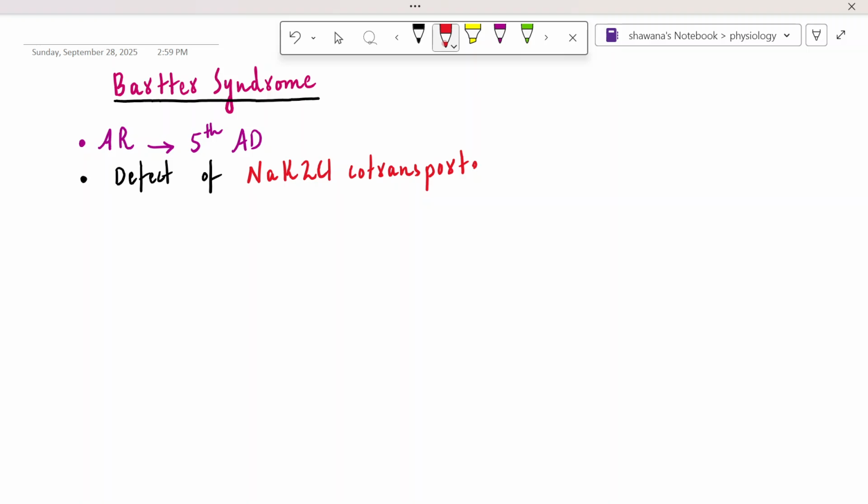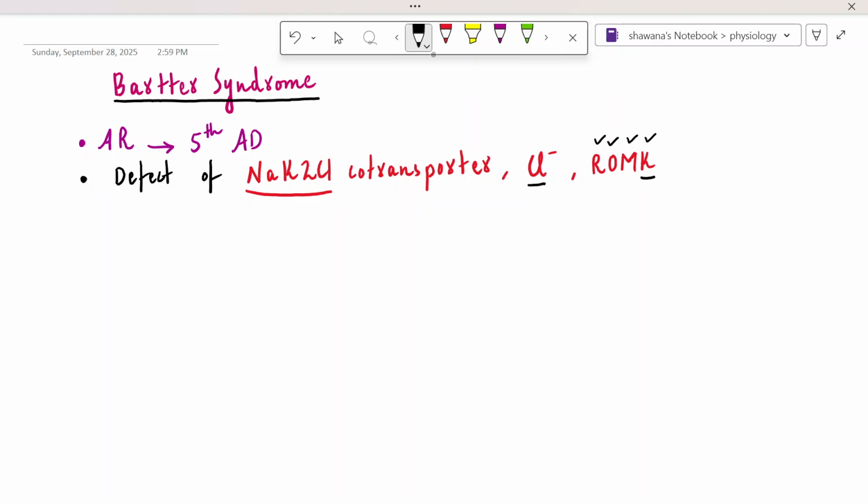In addition, there are two other independent channels. First is the chloride channel and the second is the ROMK. What is ROMK? ROMK is the renal outer medullary potassium channel.